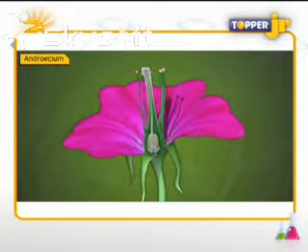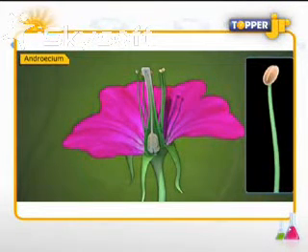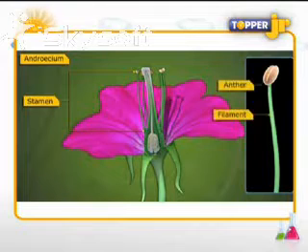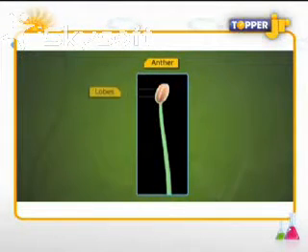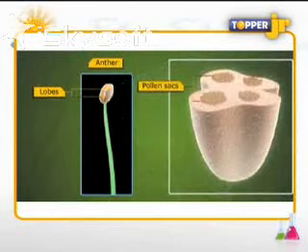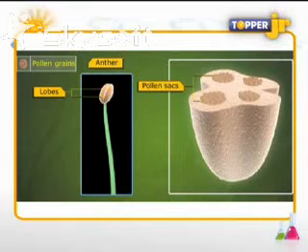The androecium is the collective name for the male reproductive organ of the flower, the stamen. This is the third whorl of the floral parts. Each stamen consists of a filament and an anther. The anther is made up of two lobes. Each lobe contains two pollen sacs. The pollen grains are produced in the pollen sacs by the process of meiosis.